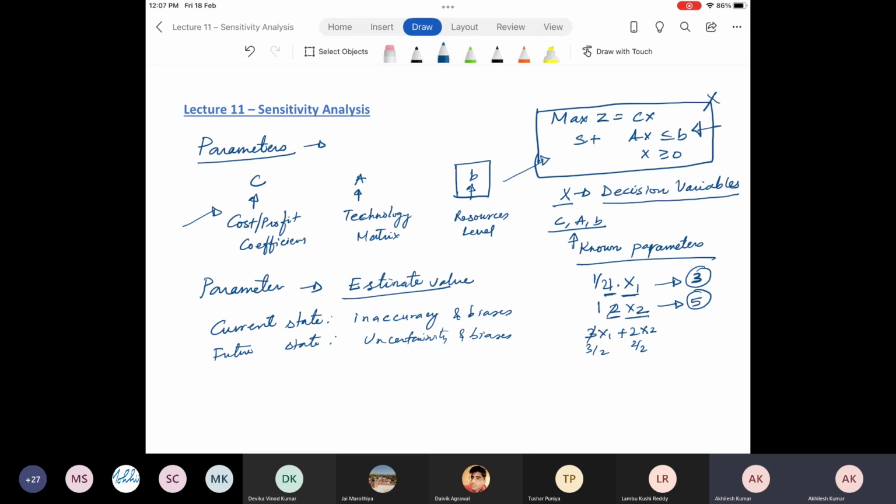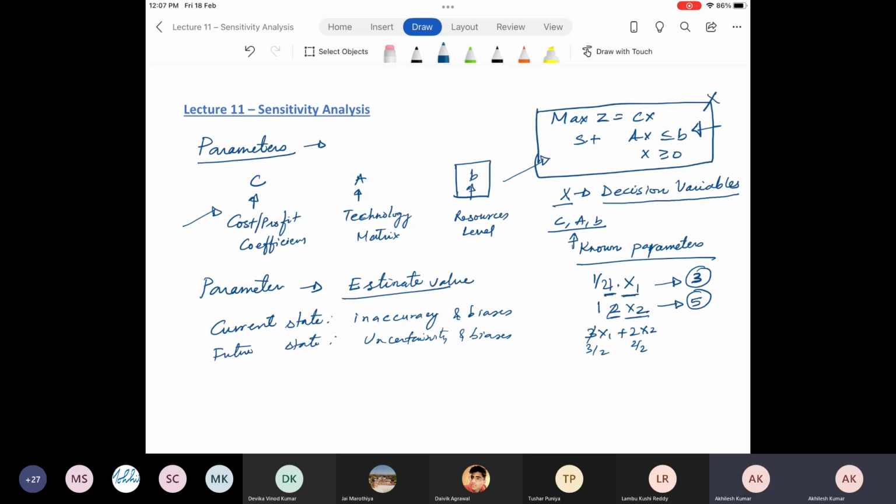For example, for a future state, just giving a very recent example, a sanitizer company was producing sanitizers based on the market demand at that time. Suddenly COVID came and the market demand went up. A huge surge. The profit, cost, everything has changed.